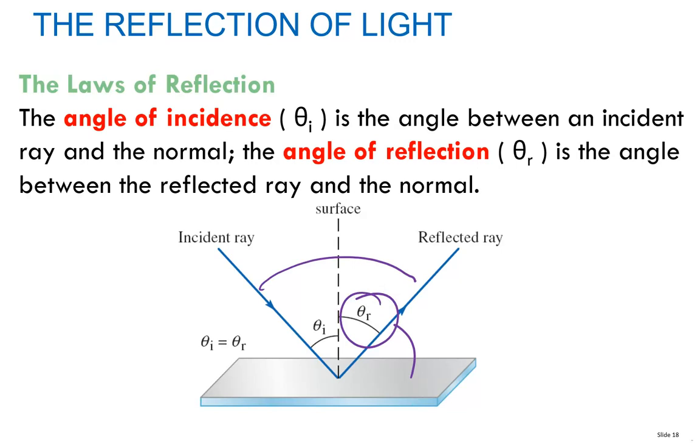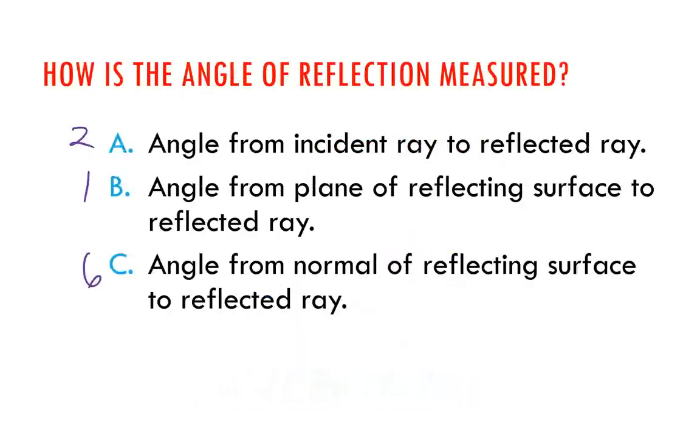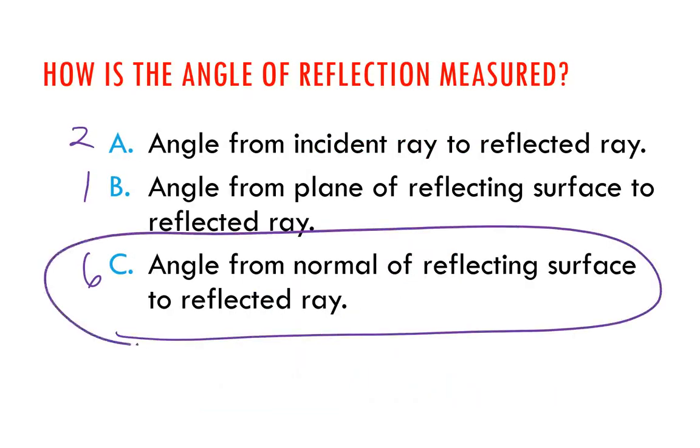It's the angle from the surface normal. Remember, I can't emphasize enough, this is important: angle from the surface normal to the reflected ray. This right here, by the way, would be the deviation angle. That's measuring how much it totally changed in direction. So that was the correct answer, the 6. So the majority was right.